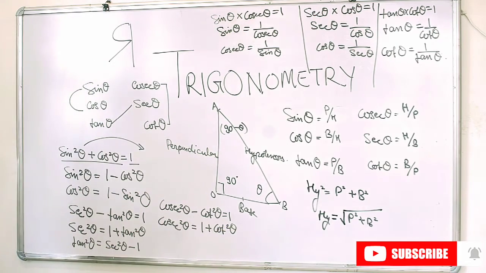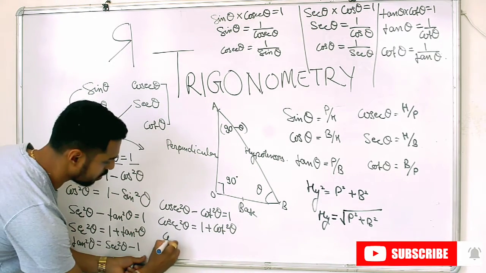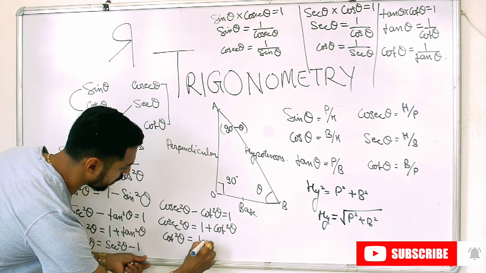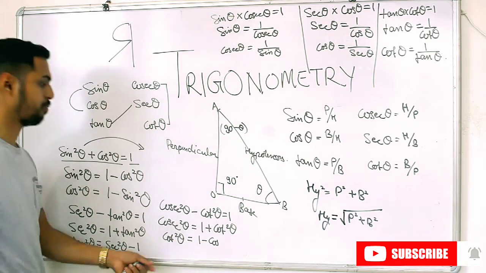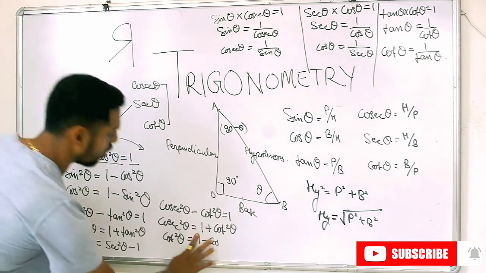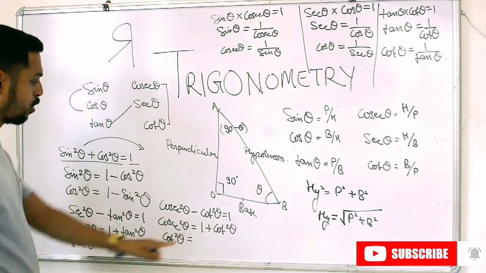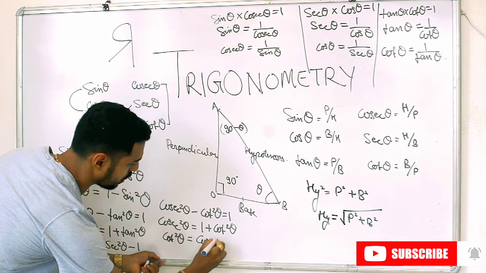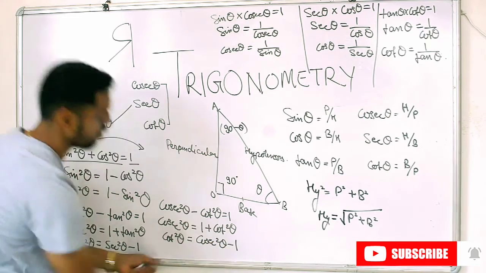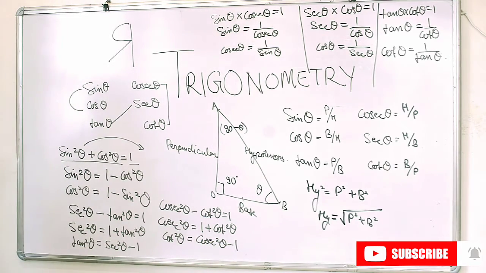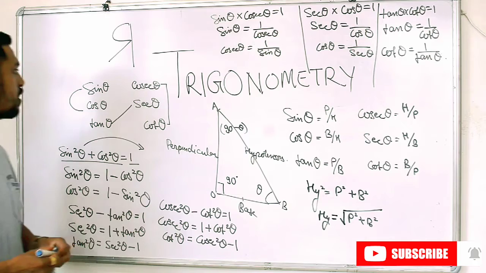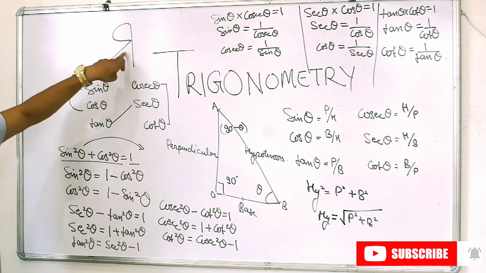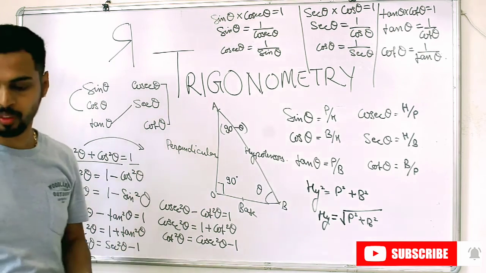Done. Same like that, cot square theta is equal to cosec square theta minus 1. Done. So these are the square formulas and we can learn them by opposite r. Done.